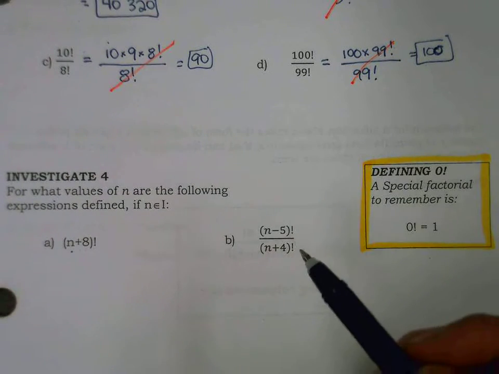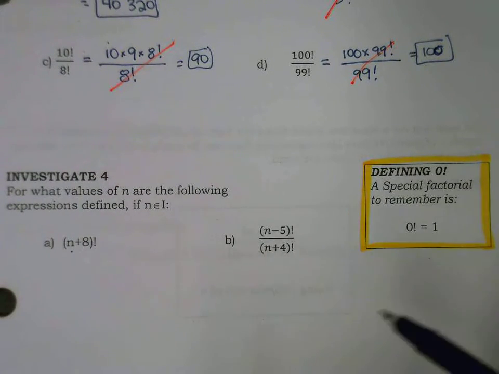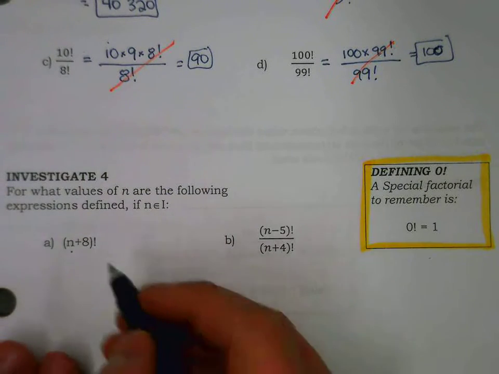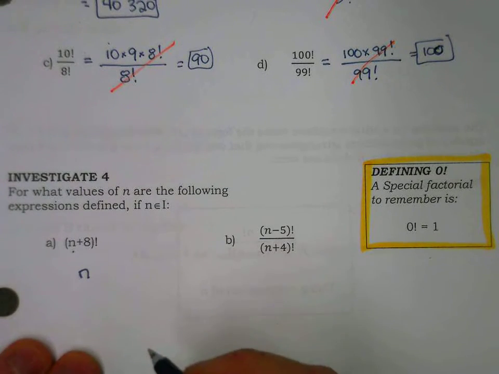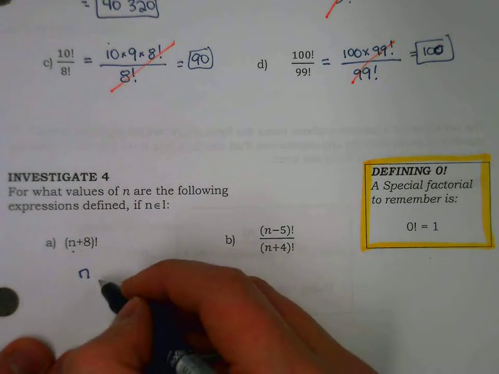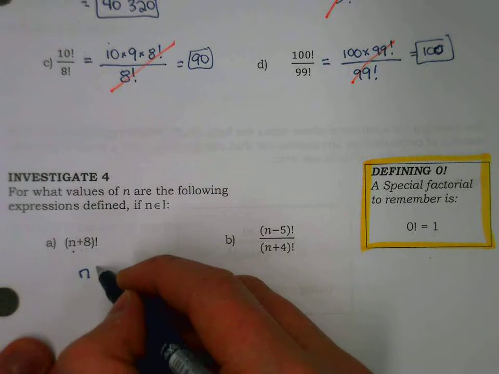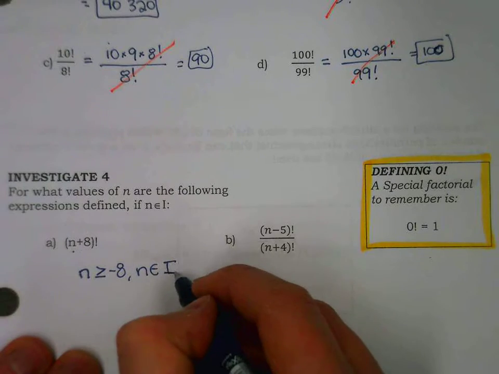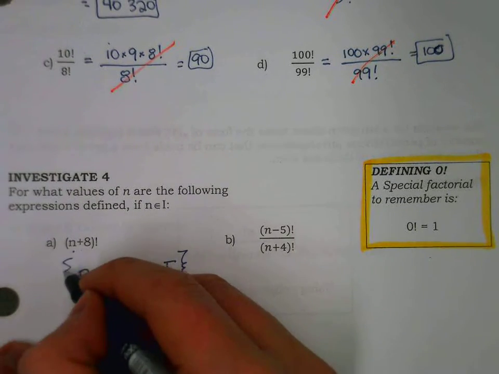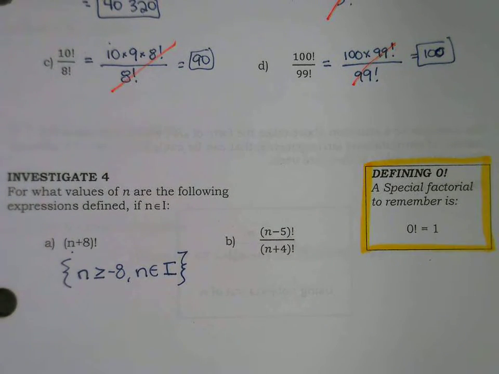Negative 1 descending would become negative 1, negative 2, negative 3, negative 4, and so on, and that doesn't really work. So negative 8 is our cutoff. So we can say for what values n is defined: n has to be greater than or equal to negative 8, and n must be an element of the integers because we're not allowed to have decimals or fractions.